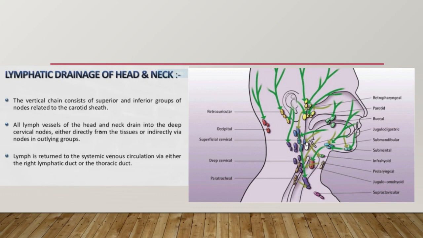All lymph vessels of the head and neck drain to the deep nodes of the neck. The lymph collected in the deep lymph nodes enters the systemic venous circulation via the right lymphatic duct or the thoracic duct.